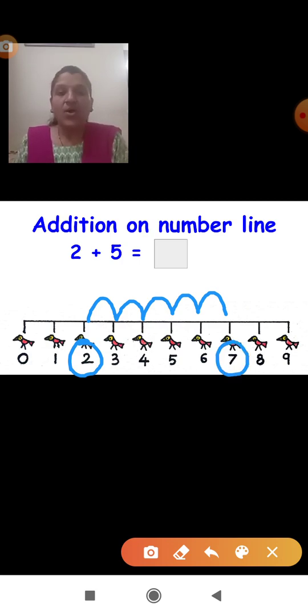So, when we add 2 and 5, we get number 7. This is how we do the addition on the number line. Got it? Very good.